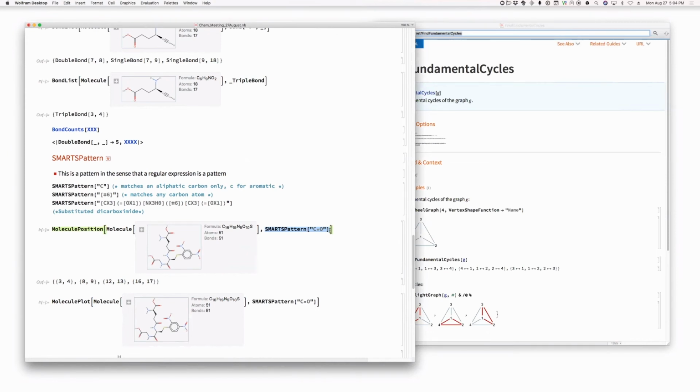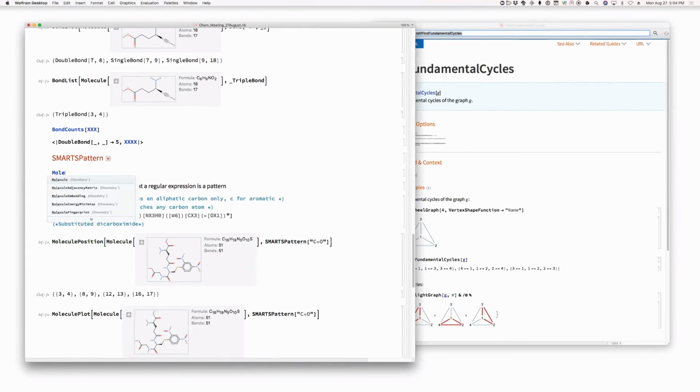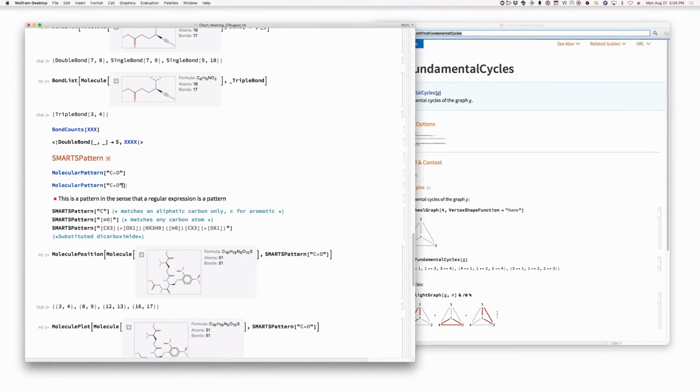And you could give us a second argument that it's a smarts molecular pattern, but it could default to that. Yeah, possibly. So you're saying not have smarts pattern as a head? That's what I'm saying, yeah. But just have molecular pattern of C equals O or something. And then that would be the same as saying that, possibly when we even want something like this, smarts arrow that.